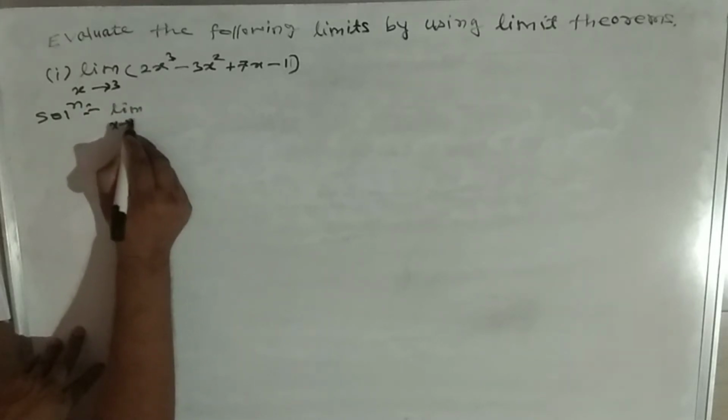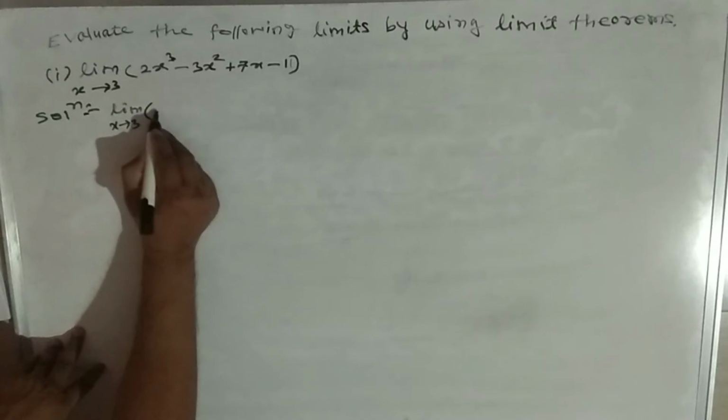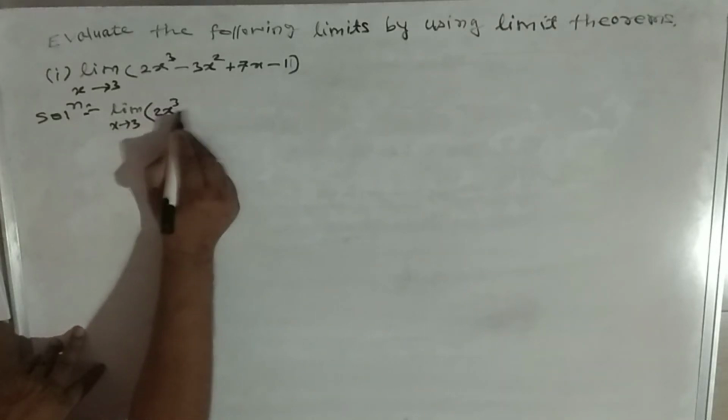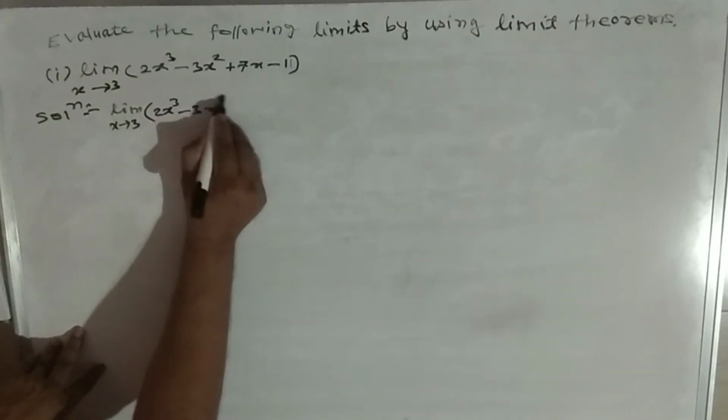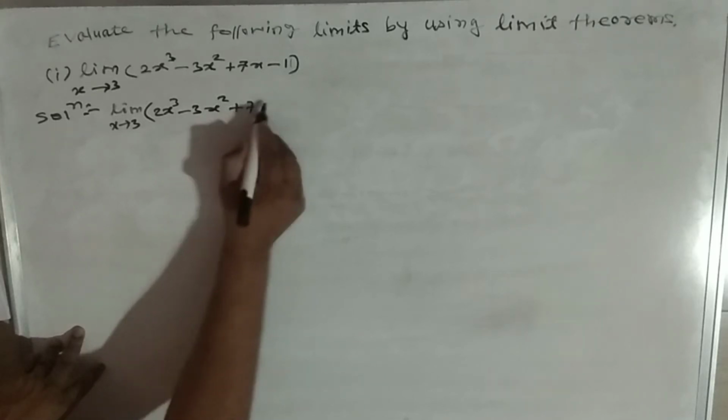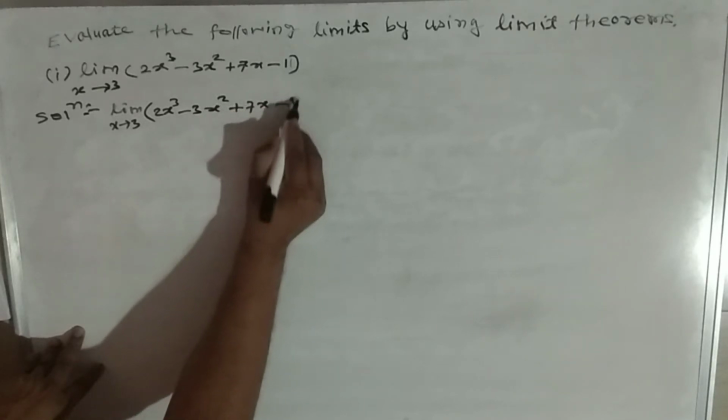So we have limit as x tends to 3 of a function 2x cube minus 3x square plus 7x minus 11.